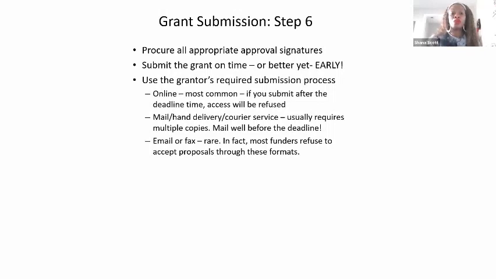Usually when you mail, you do want to submit multiple copies. So make sure that you have your copies made. Email or fax, that is rare. Some do request it, but that is rare. If they do not ask for it to be emailed, do not email that proposal if their portal is closed and you found someone's email address. Do not do that.